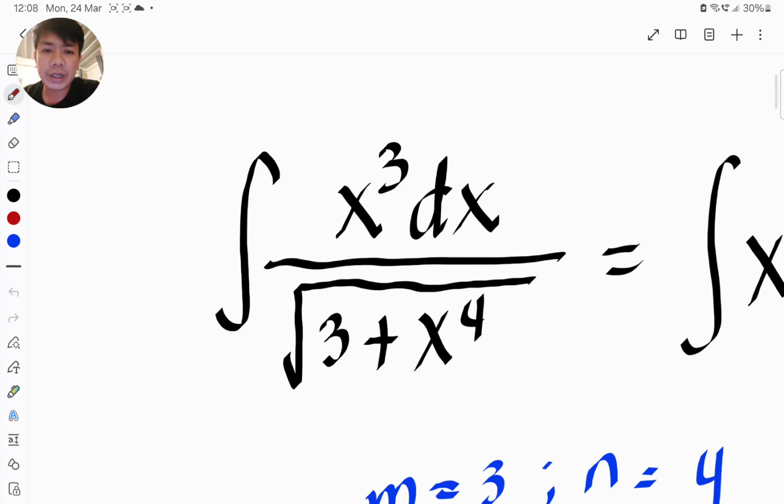We have here the integral of x cubed dx all over the square root of 3 plus x to the fourth. We need to identify from cases 1 to 7 which one we can use.